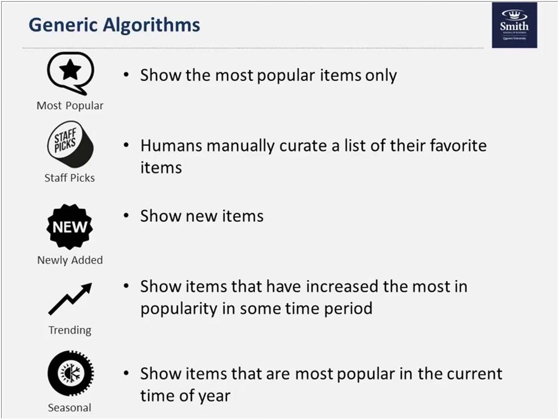You can also show seasonal items. So for example, if there's some movies that are popular around Christmas or Valentine's Day, you could show those. All of these work very well, and it's much better than not showing any recommendations at all, and it's better than showing random recommendations. However, none of these are personalized to the end user. Every user will see the exact same recommendations.